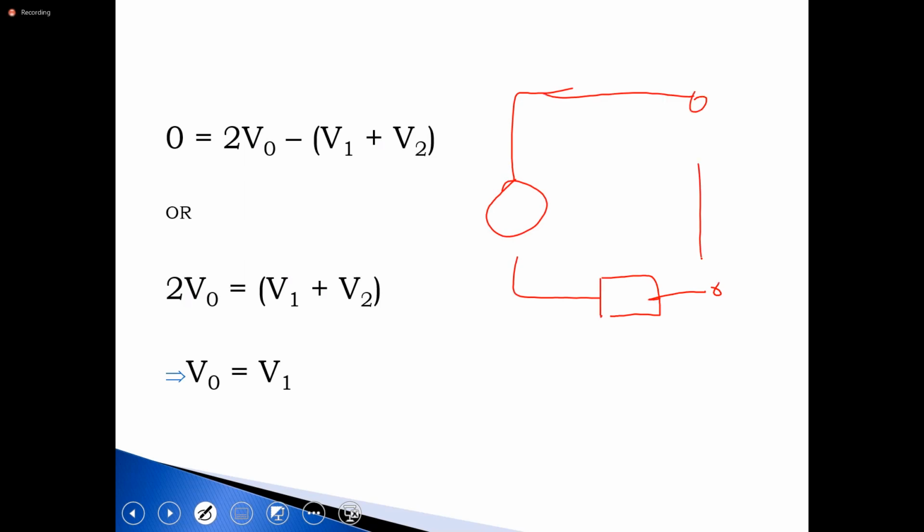We said that between here, this would have been V1. That would have been I1. This would have been Z1. And of course, that would be a G.